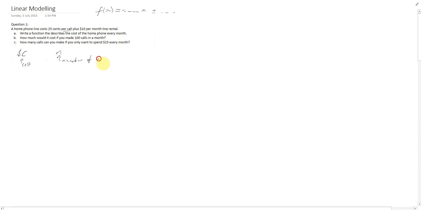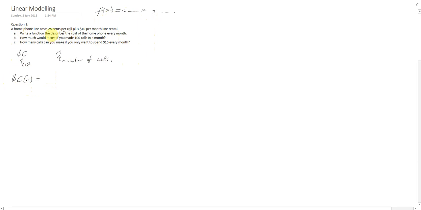So our function will be the cost, and it depends on n. So C of n, cost of n. It's like f of x, except here we've got C for cost and n for number of calls instead of x. So cost, depending on number of calls, is equal to... how much do we pay each month? Every month we pay 25 cents per call.